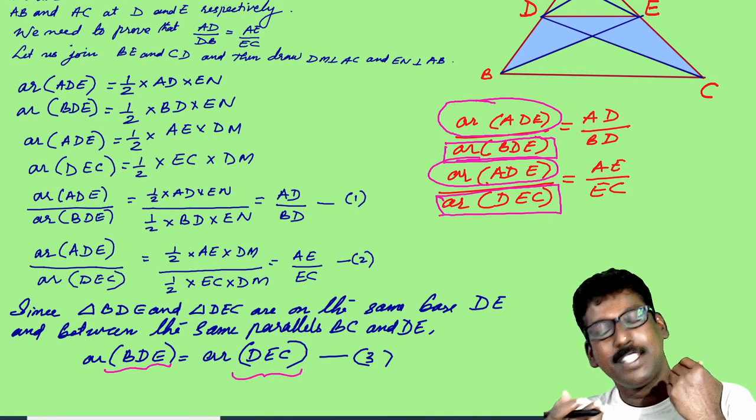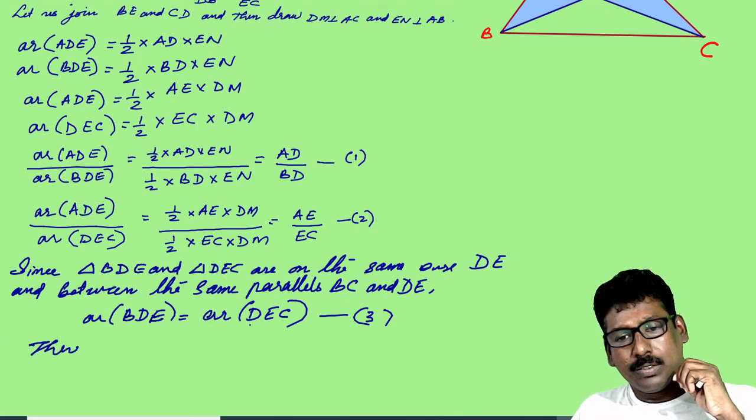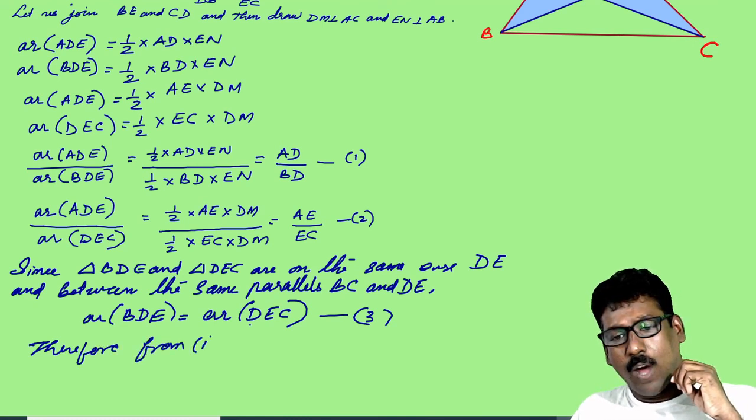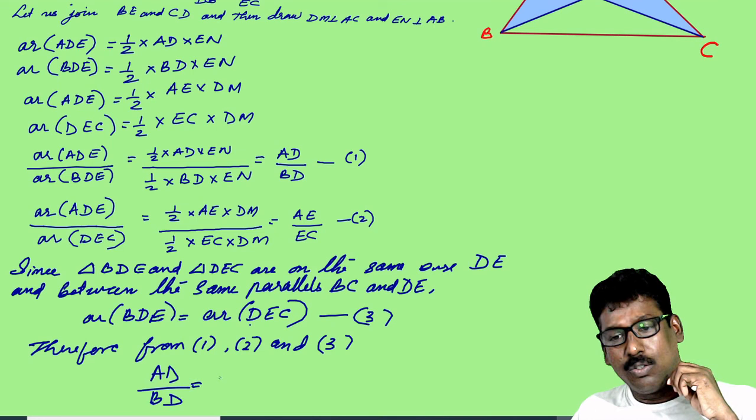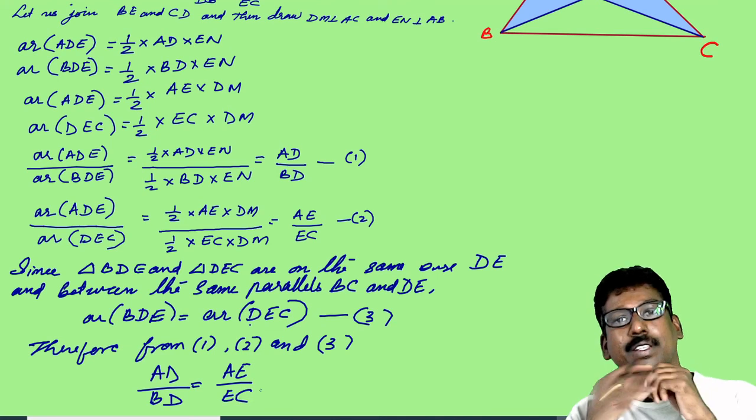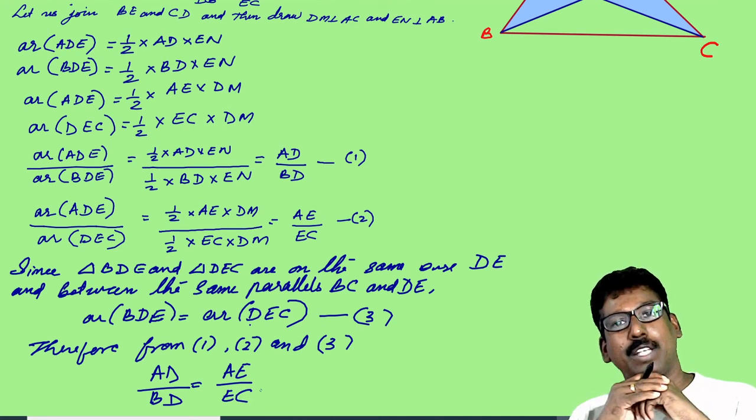Therefore, we can write, from 1, 2 and 3, AD by BD is equal to AE by EC. That is the basic proportionality theorem.